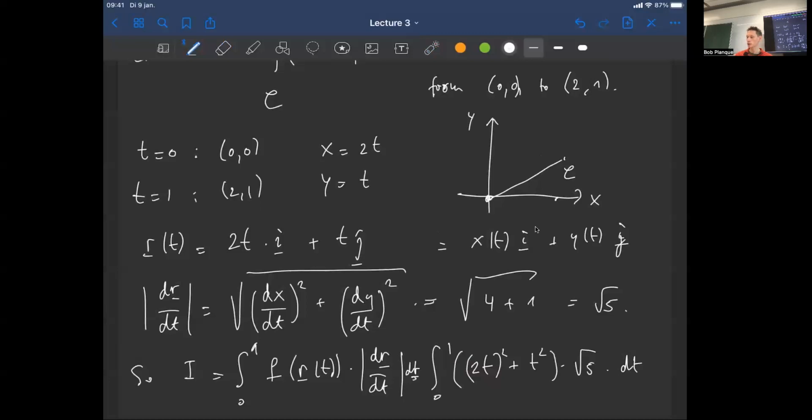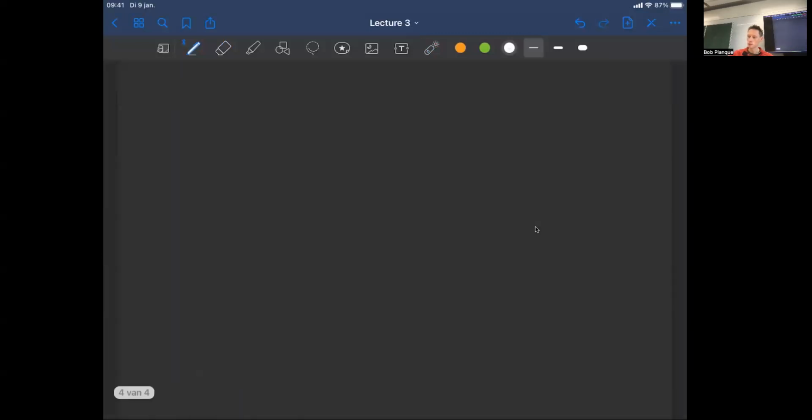So I should write brackets like that. Otherwise, the square root 5 is not multiplying the right things. And so this is 5 square root 5 times the integral from 0 to 1 of t squared. I had 5 of these t squareds. And so I get some value.